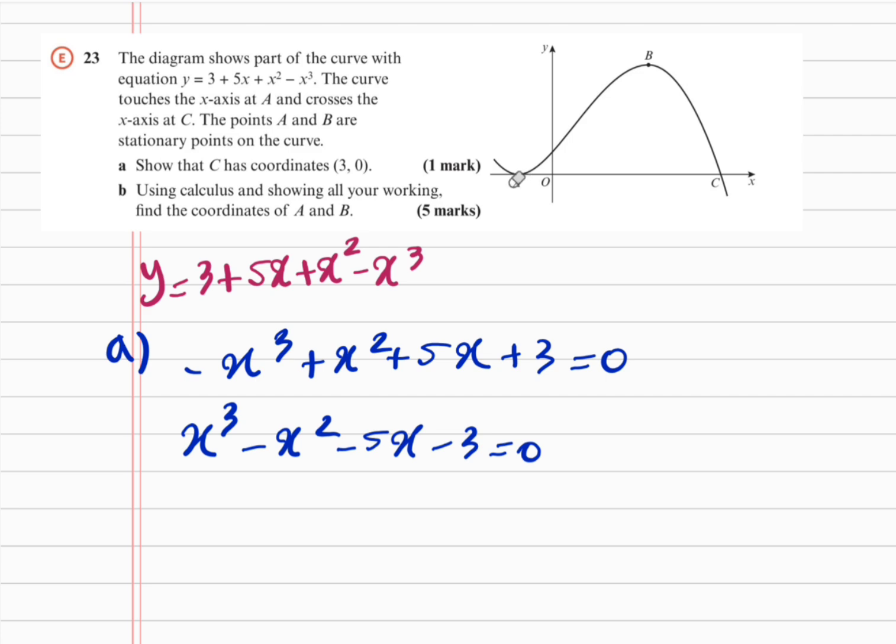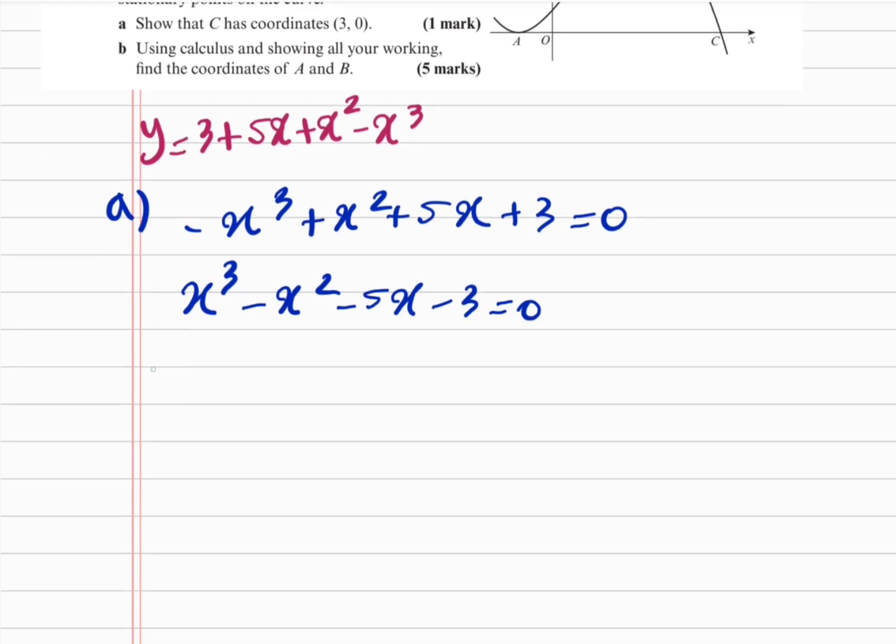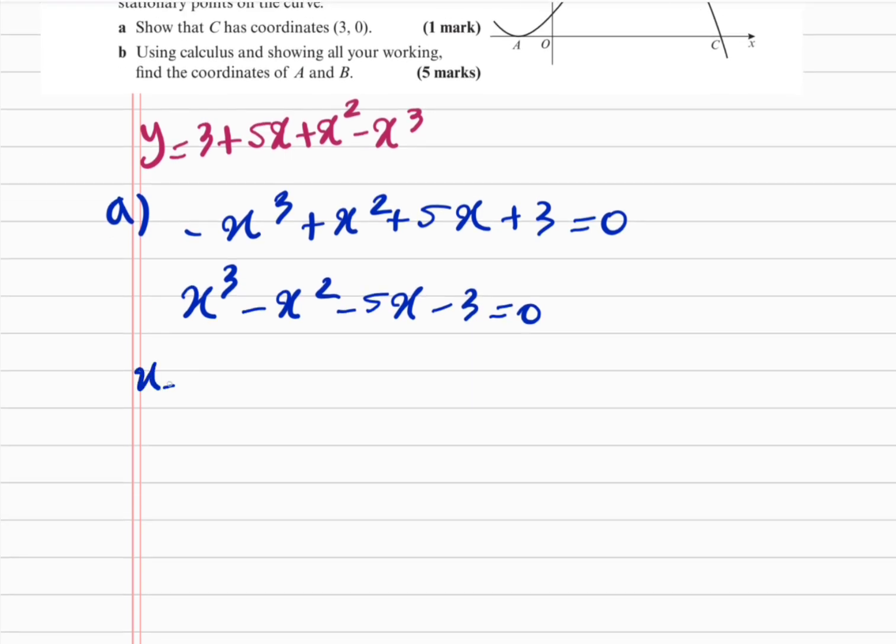So maybe let's go with -1. When x is equal to -1, we have -1, then -1 times -5 is +5, and then -3, and they add up to 0. So -1 is indeed a root of this equation.